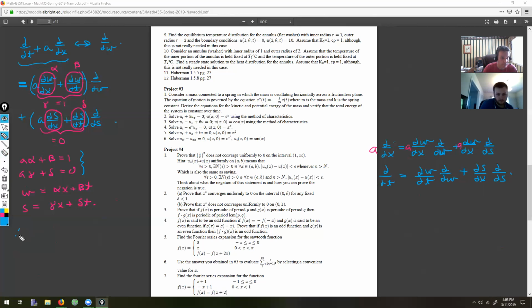So, partial Z with respect to T plus A partial Z with respect to X plus BZ gets turned into partial Z with respect to W plus BZ, and that all has to equal 0.